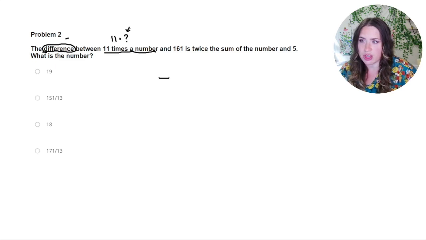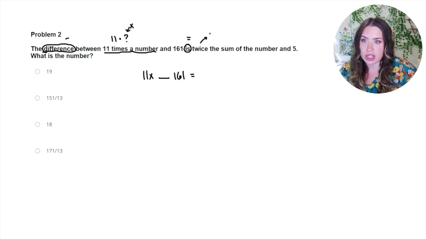So instead of using a question mark, we're going to do an x and do 11 times x, or 11x. And here's the other thing we're subtracting, 161. Now, is a keyword that means equals. So that's our clue that we have our equal sign in our equation.